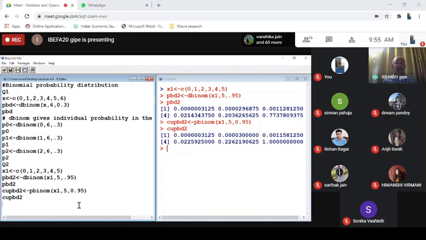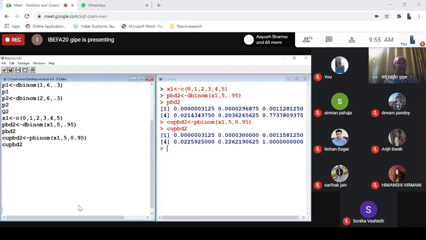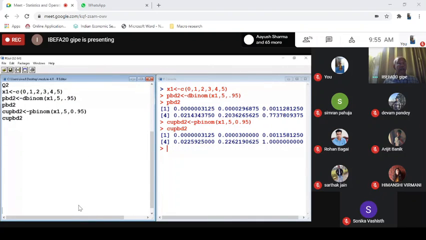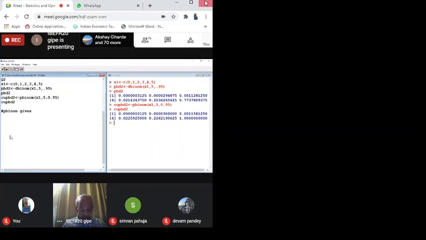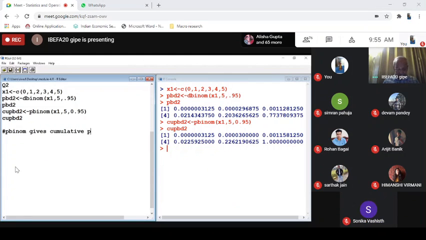So two functions you have learned, D binom and P binom. The P binom gives cumulative probabilities.